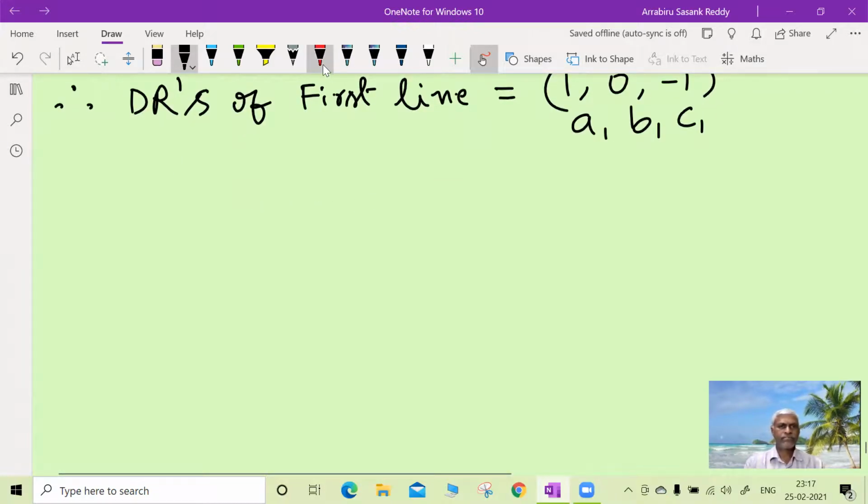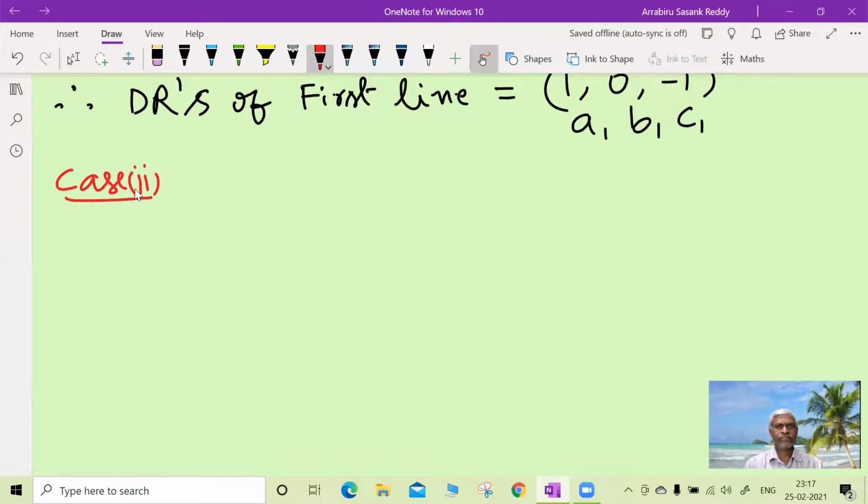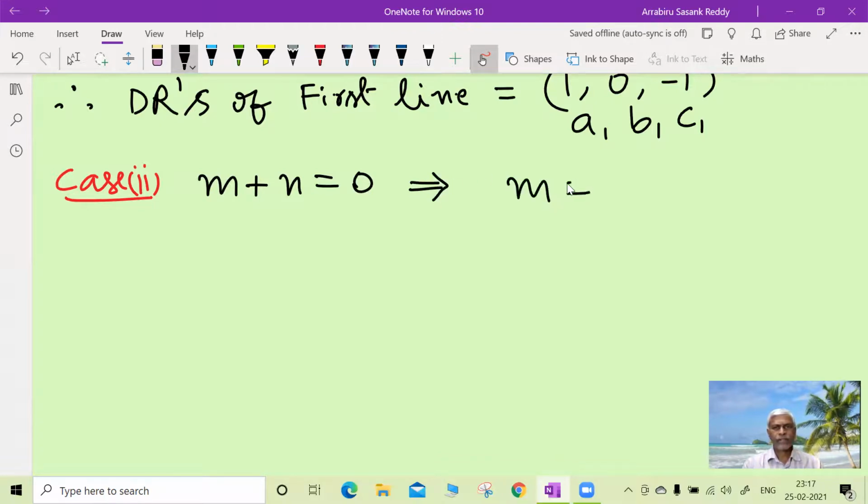Case 2: m plus n is equal to 0, m is equal to minus n.